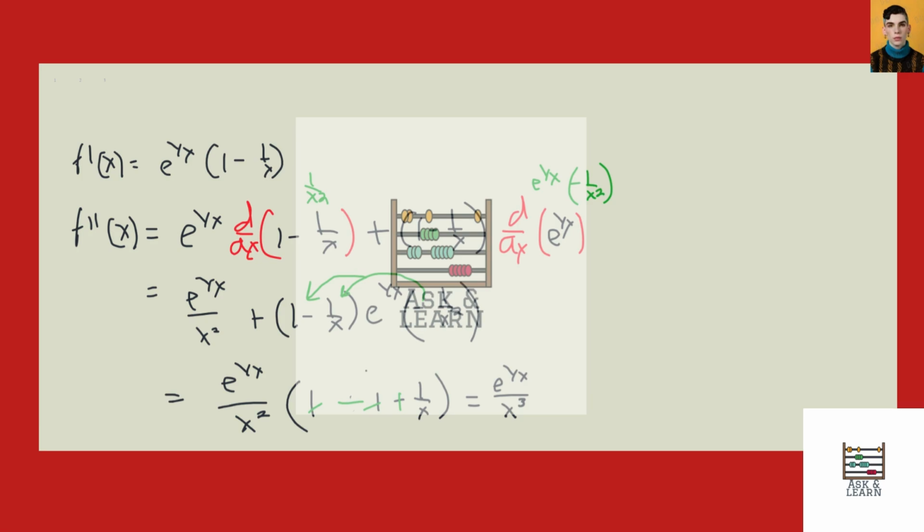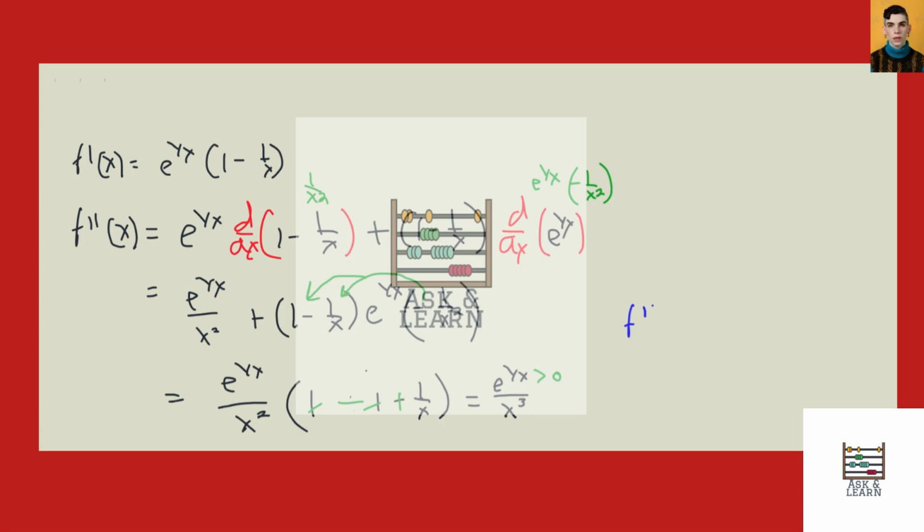Now, again, like I was saying in that last part, our numerator here will always be greater than or equal to 0. So wherever our denominator will be negative and positive will decide our interval. So to the left of 0, x cubed is negative, and to the right of 0, x cubed is positive.